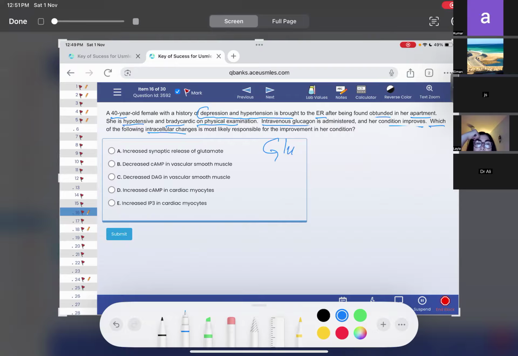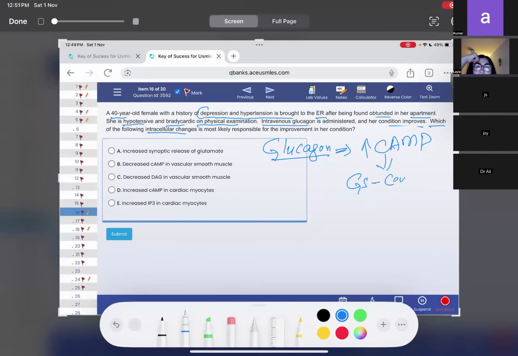Increases cyclic AMP. Excellent. Through which pathway? By increasing protein kinase, through the Gs-coupled receptor in cardiac myocytes.